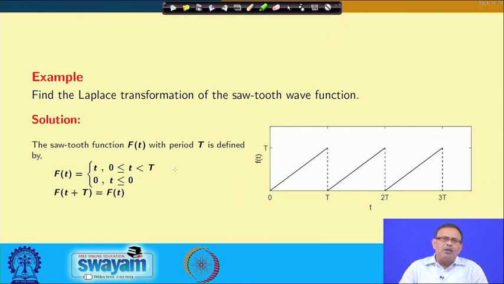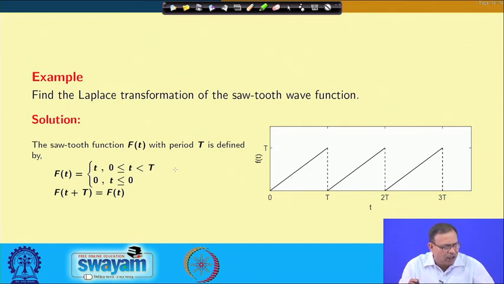So, we are saying that the sawtooth function is a periodic function with period capital T, so that f of t plus capital T equals f t. The graph is also given: from 0 to capital T it is taking f x equals x, from T to 2T it is taking the same graph again, and it continues like that.